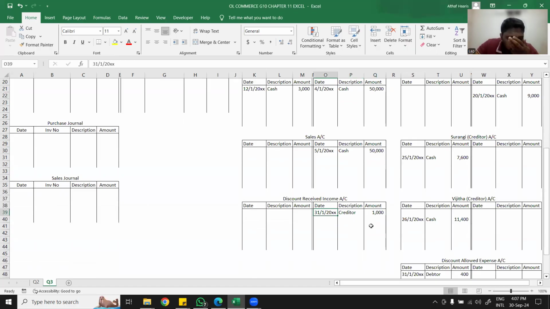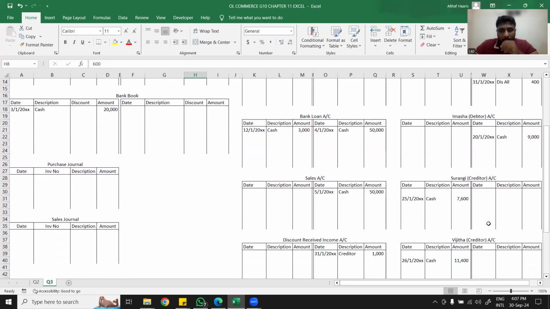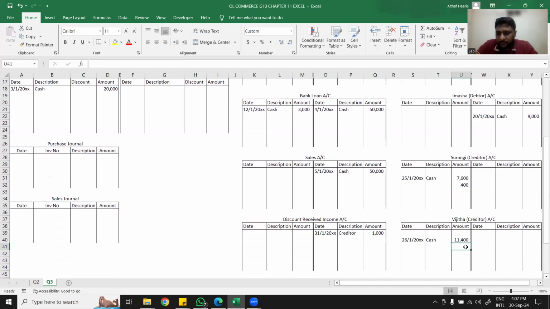Discount received account credit, relevant creditor account debit. That means Surangi 400, Vijita 600. Discount received.